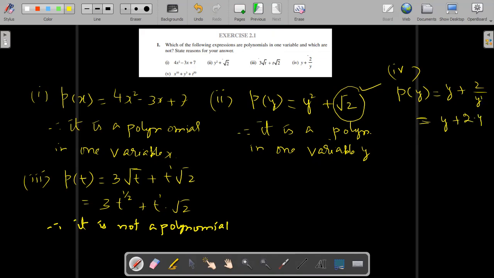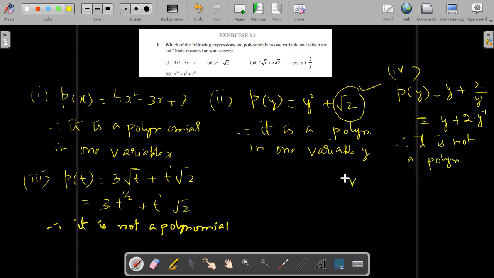When you bring it up, y will get the power minus 1. As I told you, y should have the power from 0 to any whole number: 0, 1, 2, 3. Here negative 1 is not a whole number, therefore it is not a polynomial.